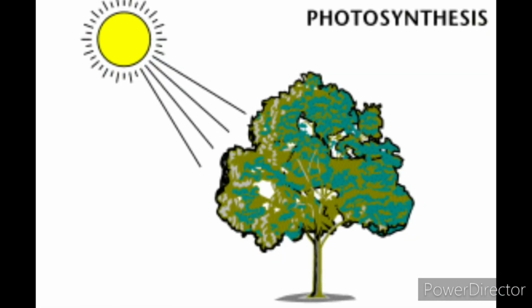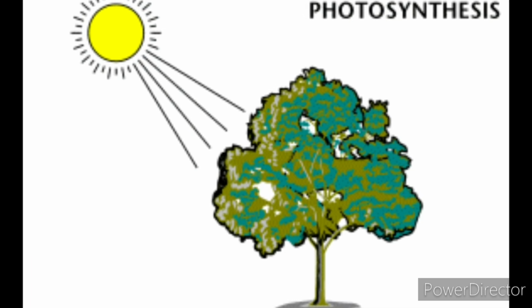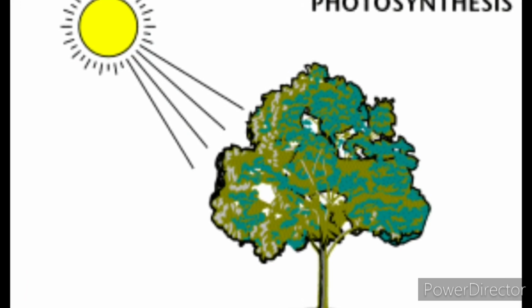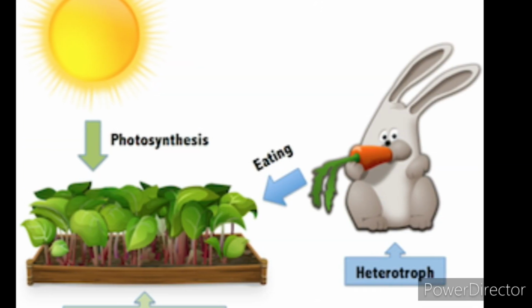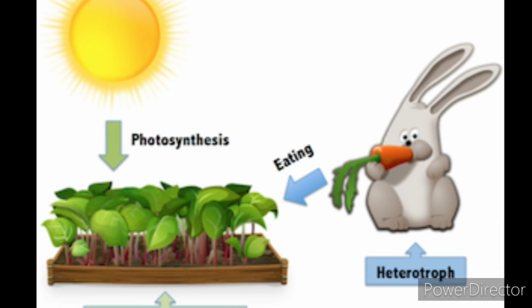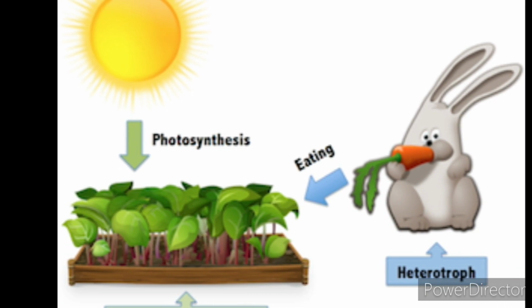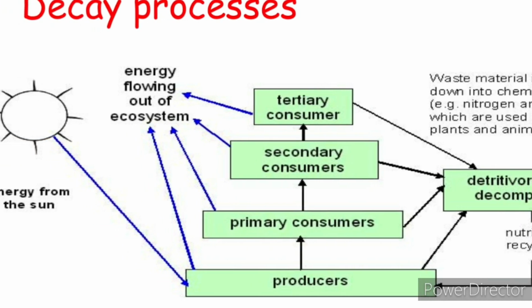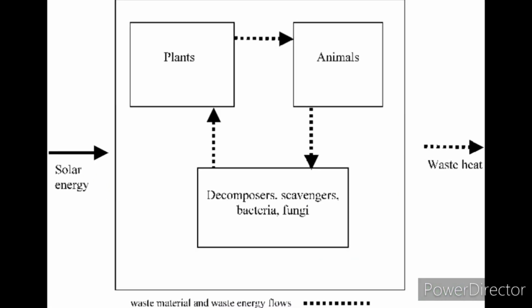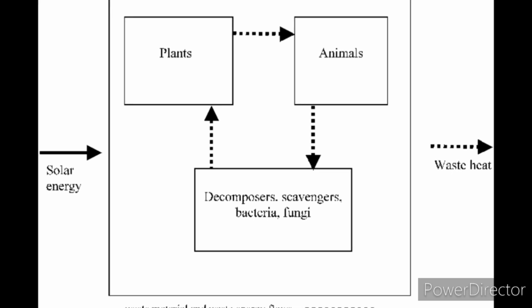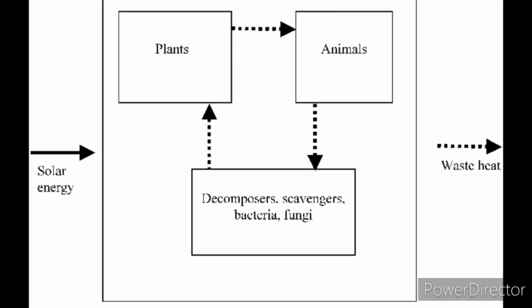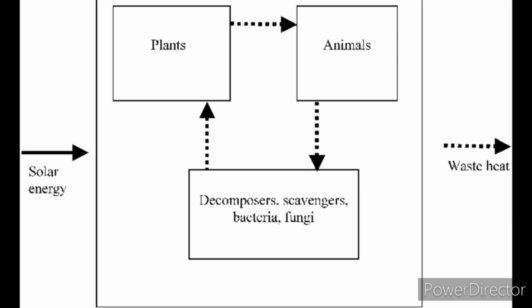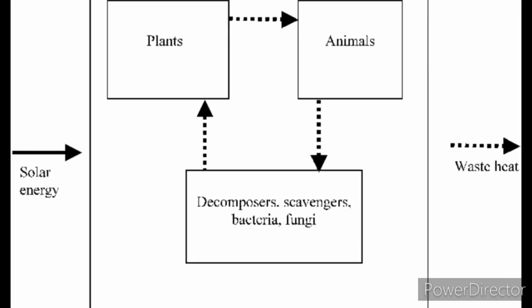The first step is use of radiant energy of the sun by the autotrophs, and the second step, consumption of the autotrophs by various heterotrophs. Then the third step, decomposition and mineralization of all the dead organic matter to release the nutrients back into the soil for reuse by the autotrophs. These events are repeated again and again.